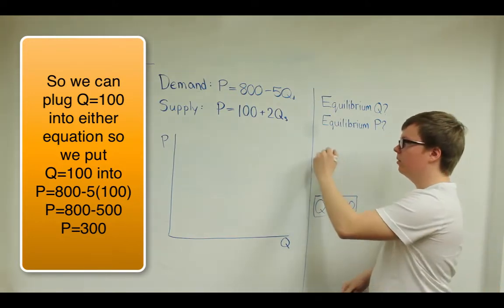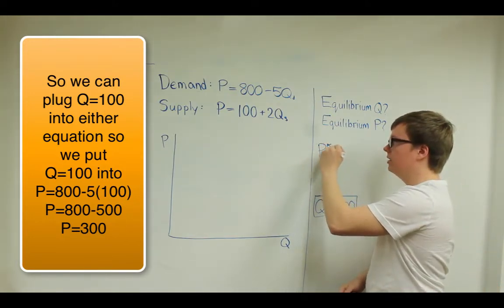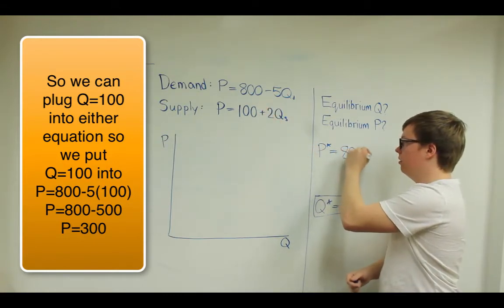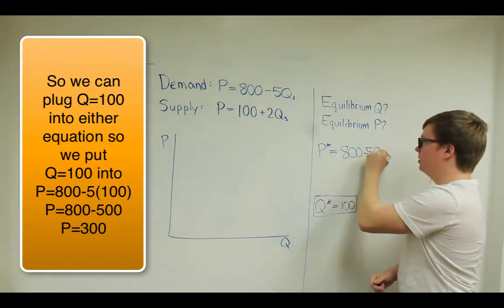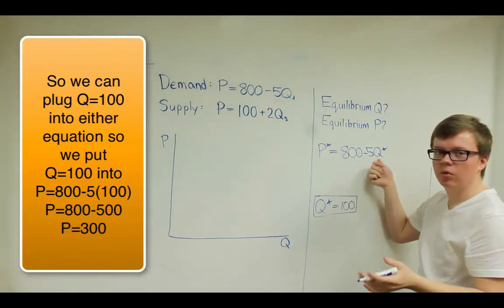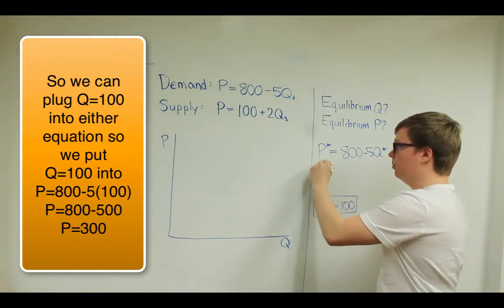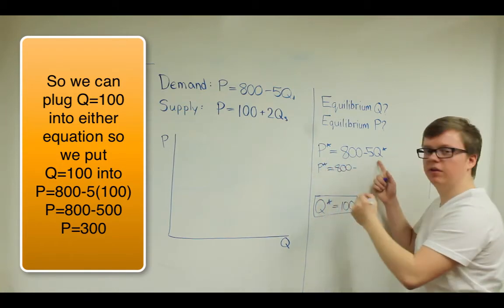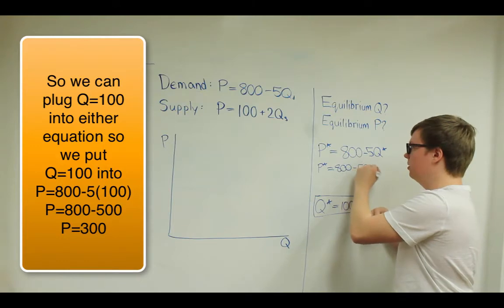From the demand equation, we get that the equilibrium price is equal to 800 minus 5 times the equilibrium quantity. We know the equilibrium quantity is 100. So P star is 800 minus 5 times 100, which is 500.